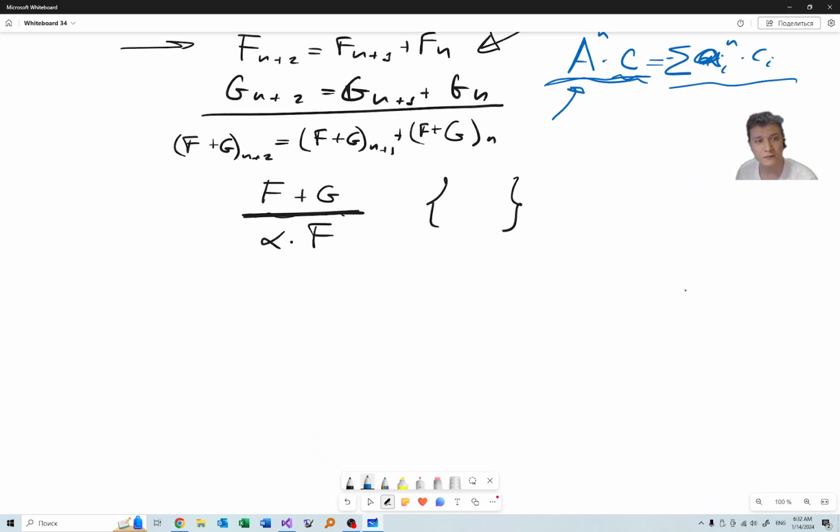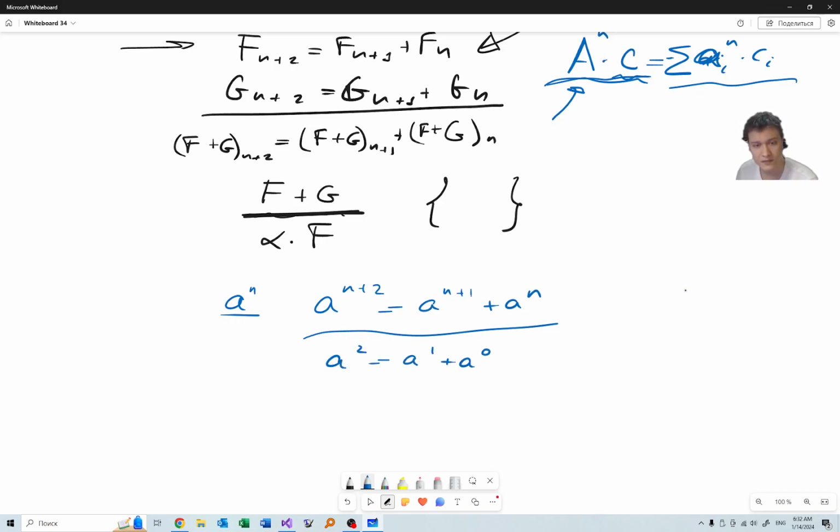But for now, we will assume that we found some sequence a to the power of n, which is a solution to this Fibonacci recurrence. So a to the power n plus 2 equals a to the power n plus 1 plus a to the power n. Then you can divide it by a to the power n, and you get the following equation, which is quadratic.